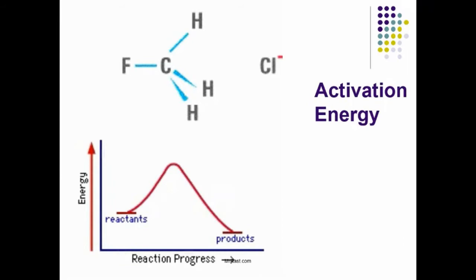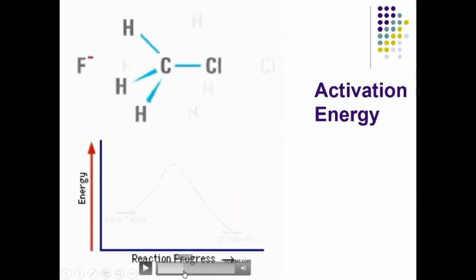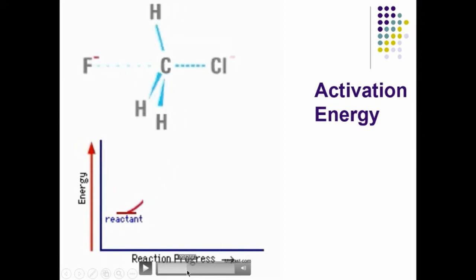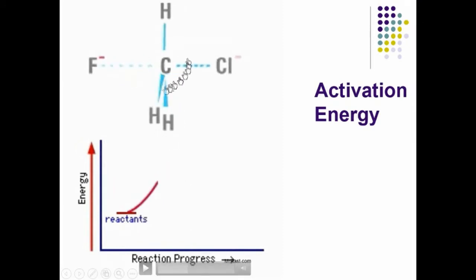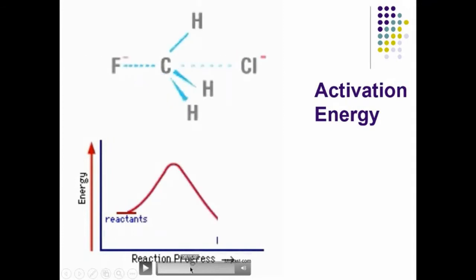So I really like that video because it shows kind of an illustration of how this is happening, how as the fluorine starts to join, it takes energy for this carbon to now be making these multiple bonds, and then it will start to release energy as the fluorine connects.